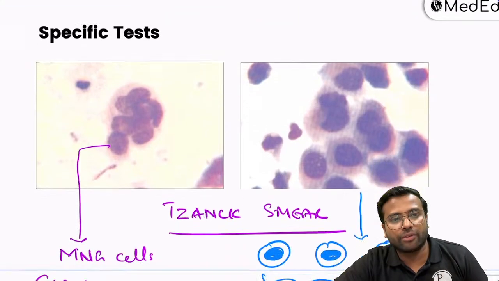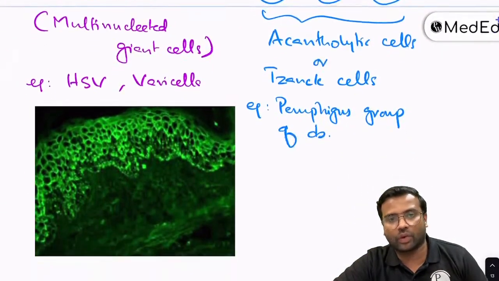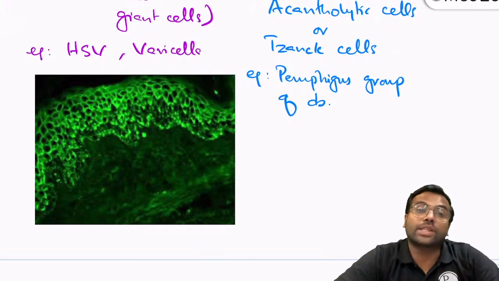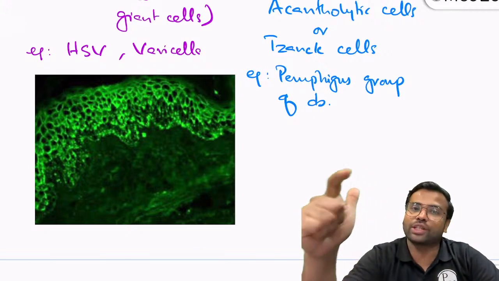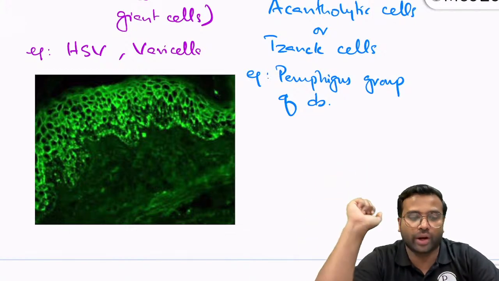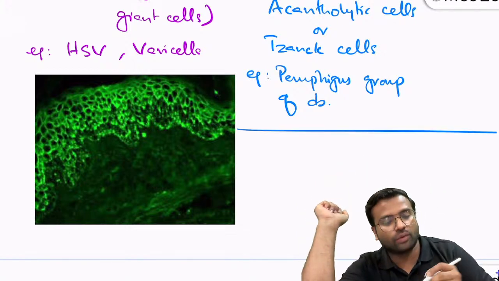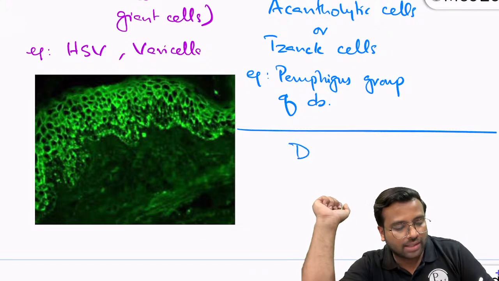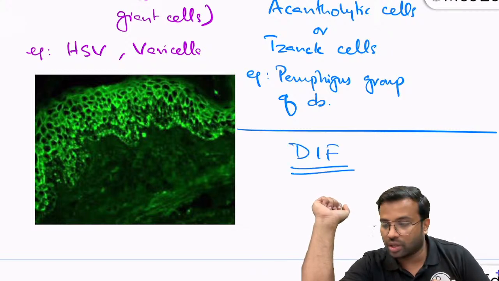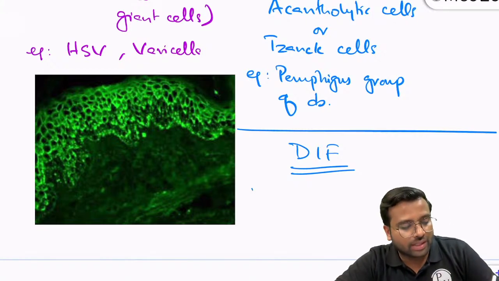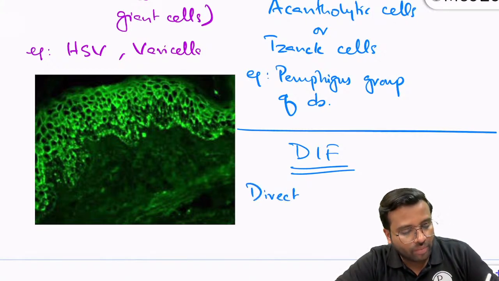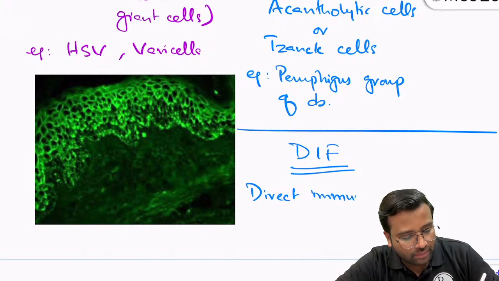Now another very important investigation when it comes to vesiculo-bullous disease, especially pemphigus vulgaris, pemphigus foliaceus, bullous pemphigoid, etc., is called the DIF. So what is the full form of DIF? DIF means direct immunofluorescence.